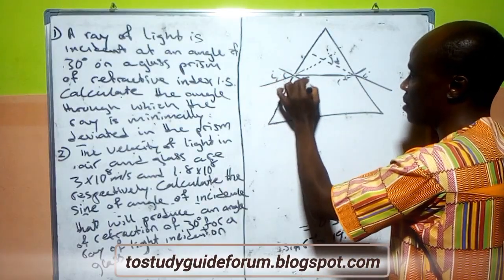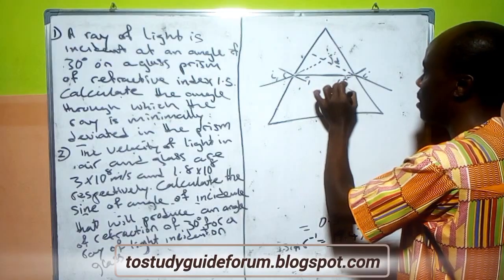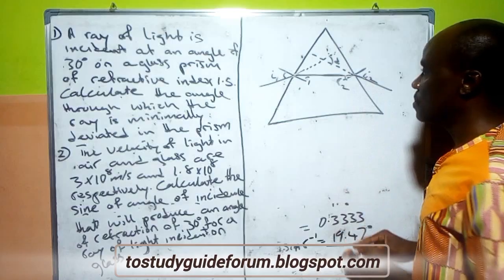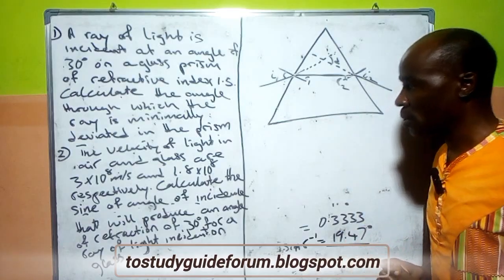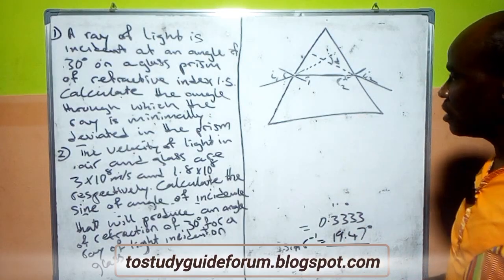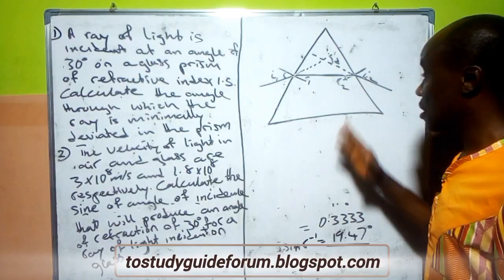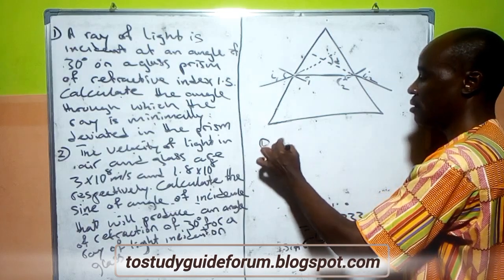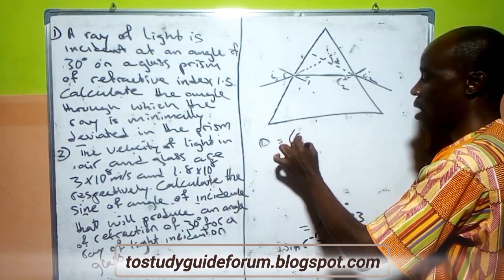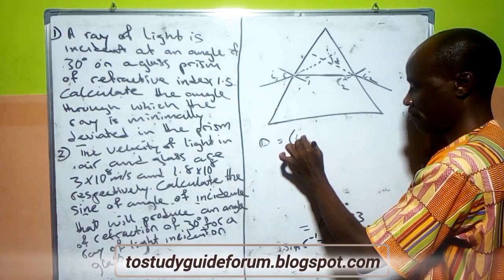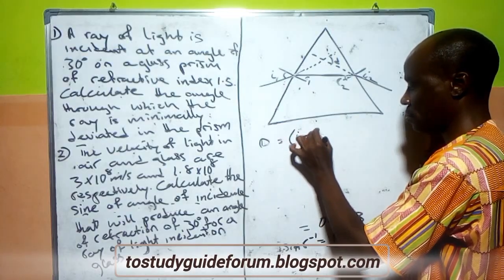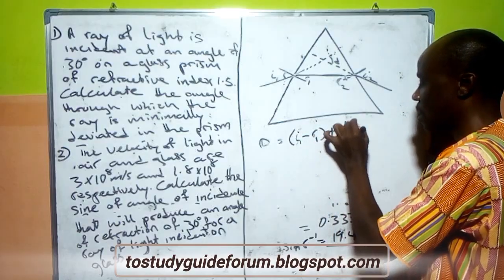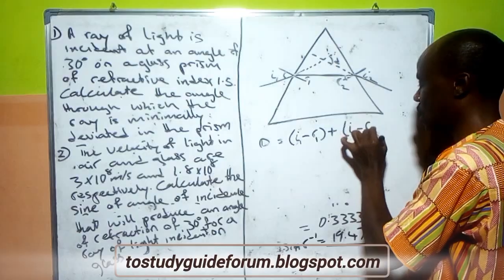Now this will be I1, R1, and the other one, which will be R2 and I2. According to the rules of deviation, we find that D is equal to (I1 minus R1) plus (I2 minus R2).